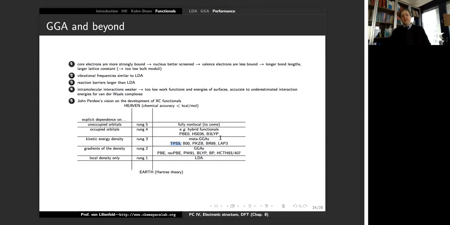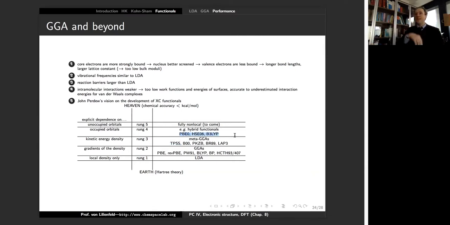If you go beyond that, you can include the explicit other orbitals in your Kohn-Sham potential. Now, this is the same as what you do when you do a Hartree-Fock. Through the exchange operator, you're including another orbital in your potential. And so this is why these functionals are called hybrid functionals.